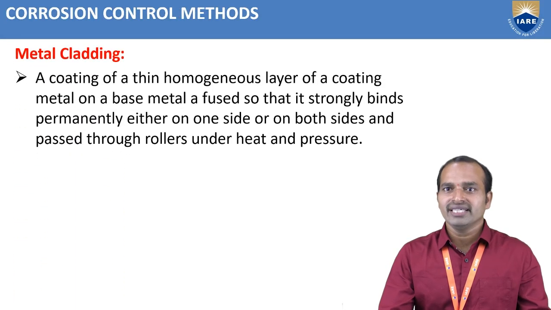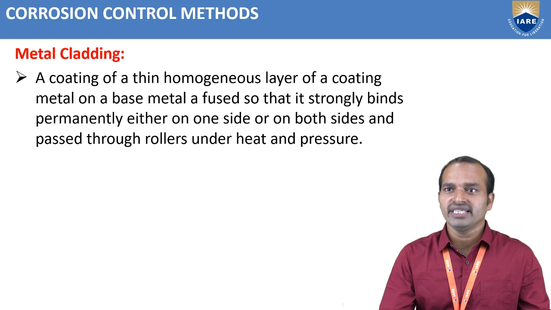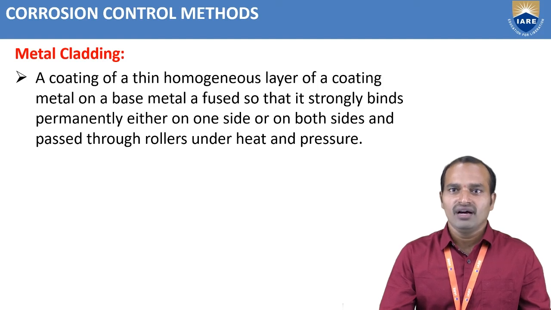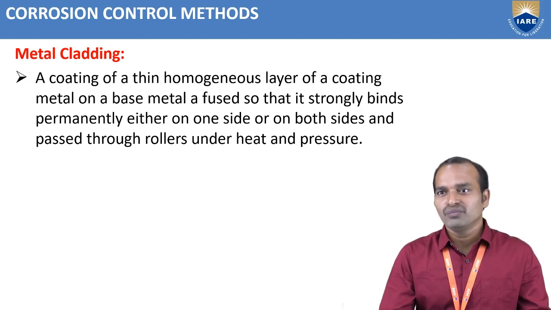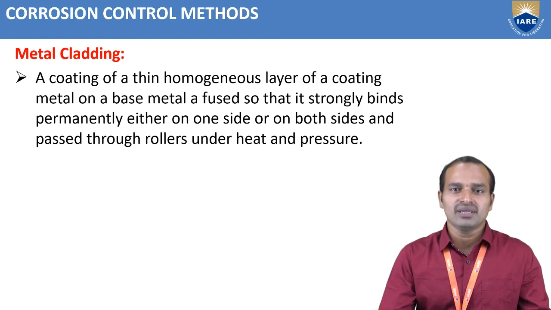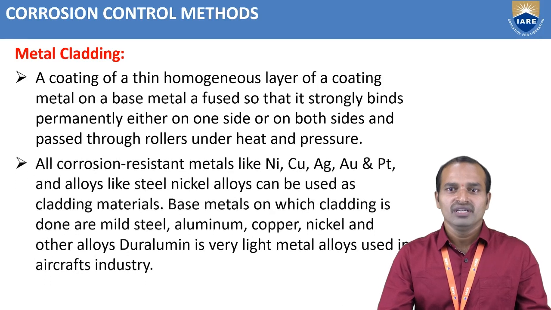In metal cladding, a thin homogeneous layer of a coating metal is fused onto a base metal so that it binds strongly and permanently, either on one side or on both sides, passed through rollers under heat, that means temperature and pressure.